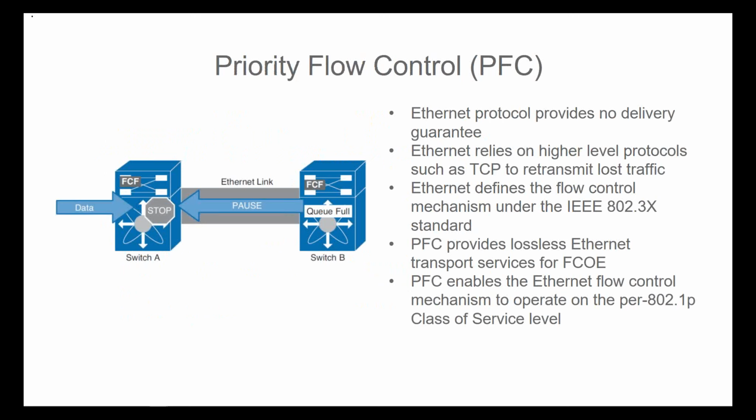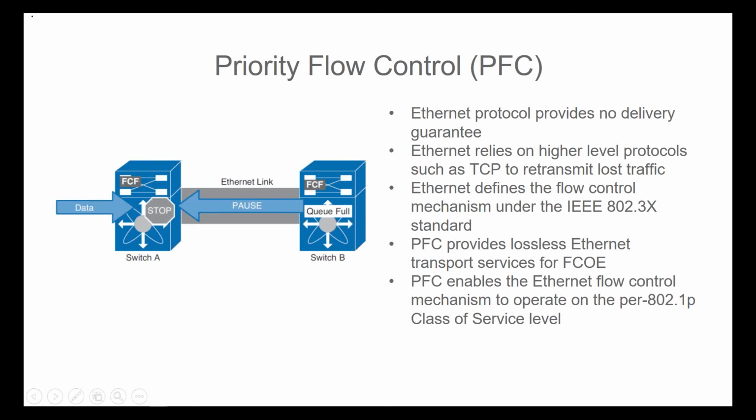Priority flow control is needed because the Ethernet protocol doesn't have any guarantee of delivery. Ethernet typically relies on higher level protocols such as TCP to retransmit lost traffic, and it defines the flow control mechanism under the IEEE 802.3x standard.